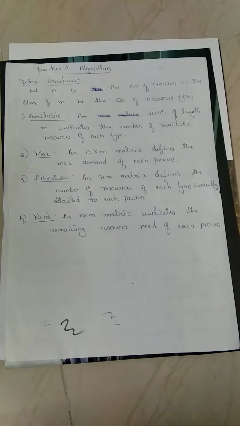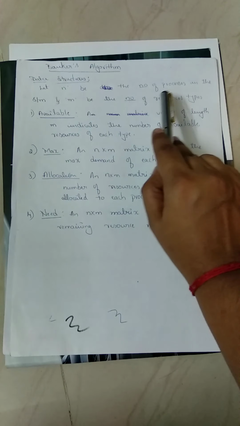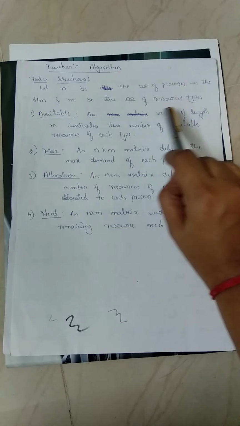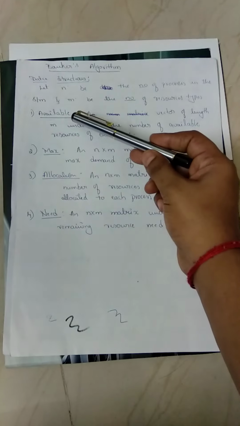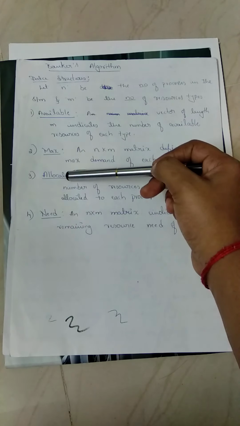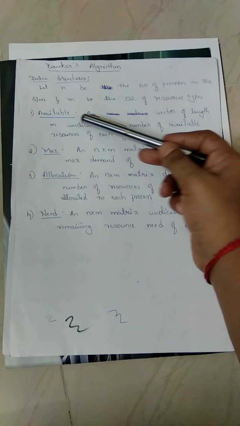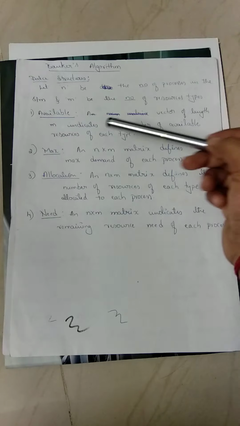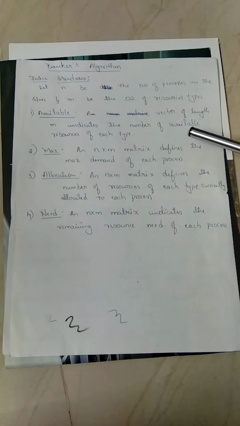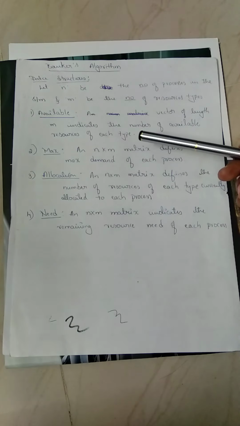To implement this algorithm, a few data structures are followed. The first is: n be the number of processes and m be the number of resource types, and other data structures: available, max, allocation and need. Available is a vector of length m indicating the number of available resources of each type.